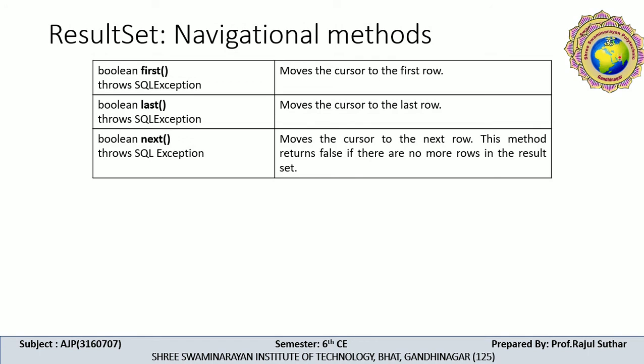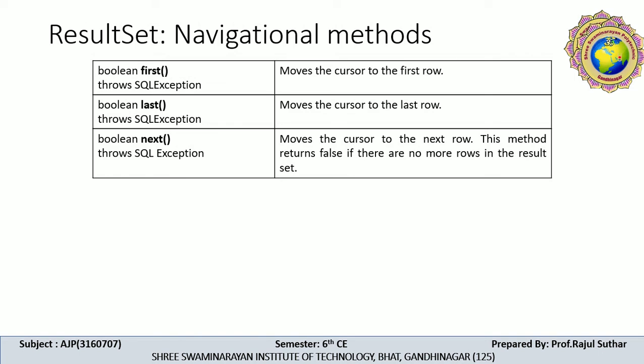This method returns false if there are no more rows in the result set. If the table contains 5 rows and the cursor is at the last position, there is no further entry in the table, so next will become false.